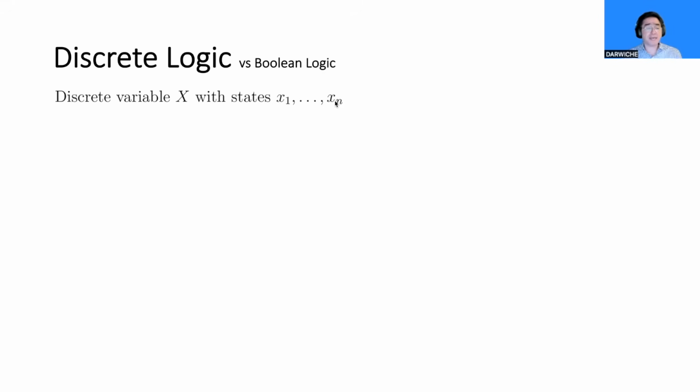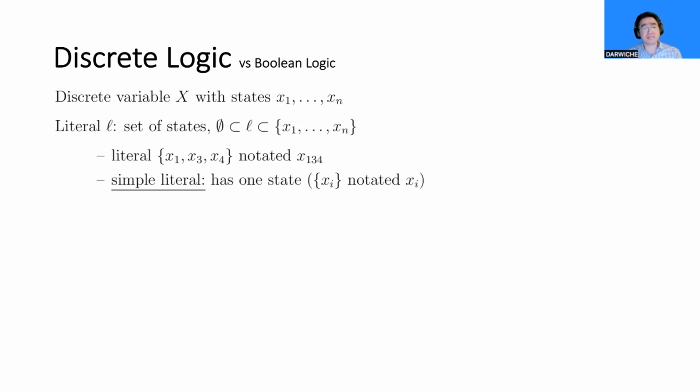A variable can have up to n, and we call them states. And the key thing here also in the syntax, in Boolean logic, you have x and not x. So x is true and x is false. Now we have the notion of a literal, which is a set of states. So if this variable has those states, then a literal is a subset of them. It cannot be empty, and it's a strict subset.